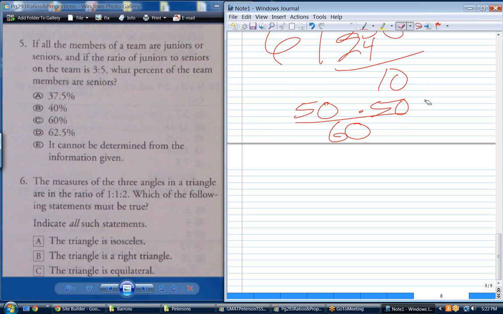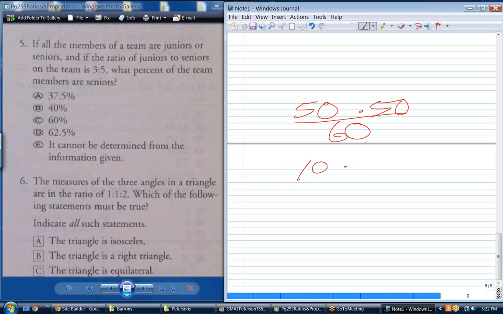Yeah, that's very good. Thank you for pointing that out, because the best move here is not to cross out the zeros. I would just have said, well, 60 goes into 50, so it would be 10 and 12. So it would really be 10 times 50 over 12, and now that's done a lot easier, because then it's 5/12.